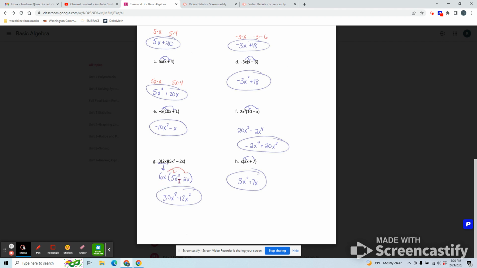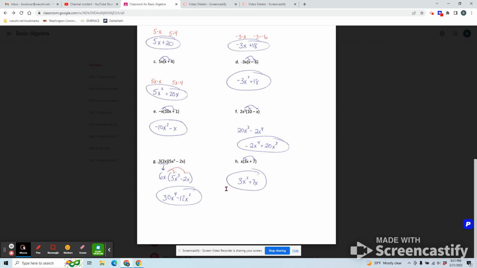Now I'm going to distribute that 6x to everything inside the parentheses. So 6x times 5x cubed is 30x to the 4th. I added my powers together and multiplied my coefficients. And then 6x times negative 2x is negative 6x squared. Similarly, multiply your coefficients, add your powers.